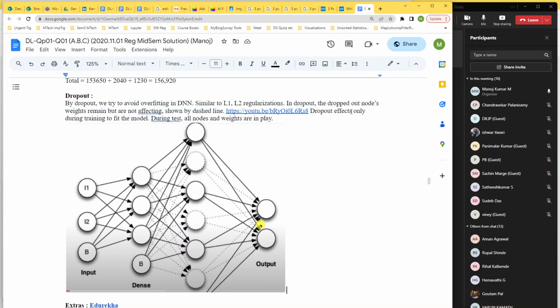In dropout, the dropped out nodes' weights remain, but they are not affecting the system. These weights are available, but the neuron is cut off. So dropout affects only the training, to fit the model. Once it's fully trained, there's no more dropout. During the test, all nodes and weights are in play.